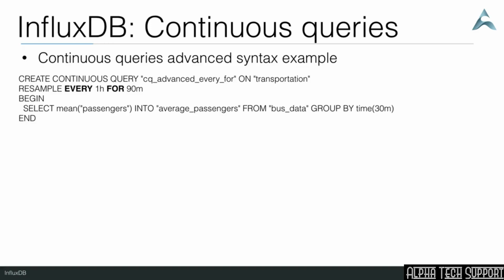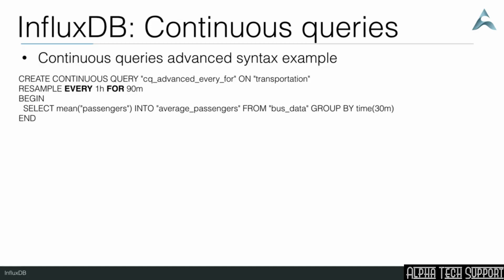It executes at 1 hour intervals, the same interval as the every interval. Every hour, it runs a single query that covers the time range between now and now minus the for interval, that is, the time range between now and 90 minutes prior to now.